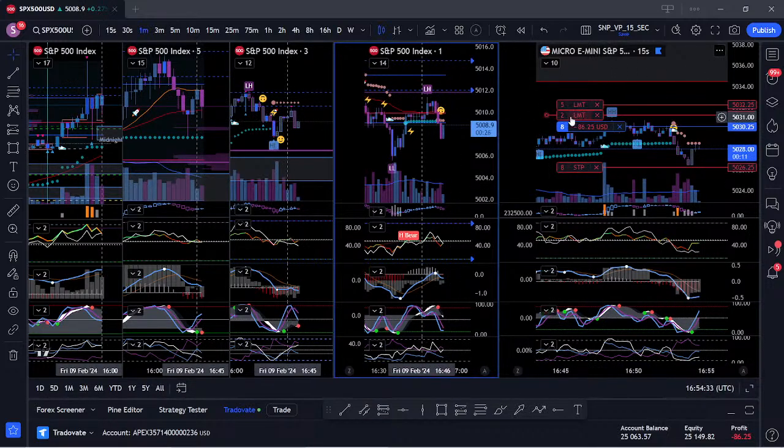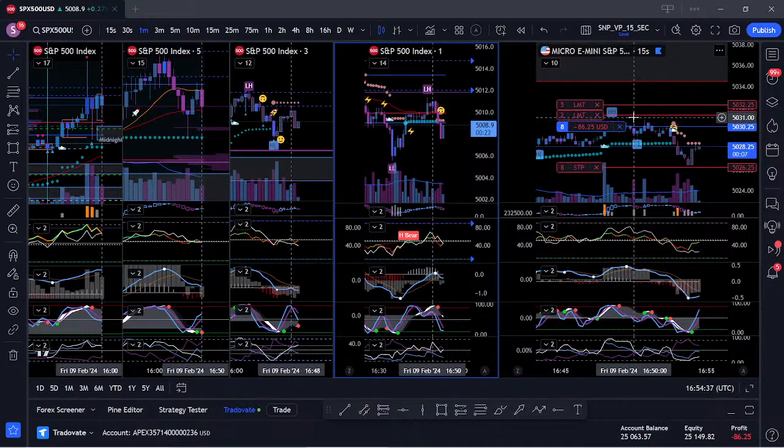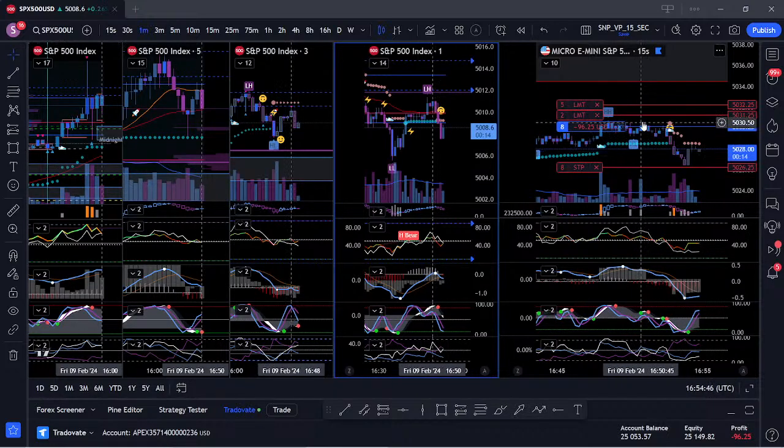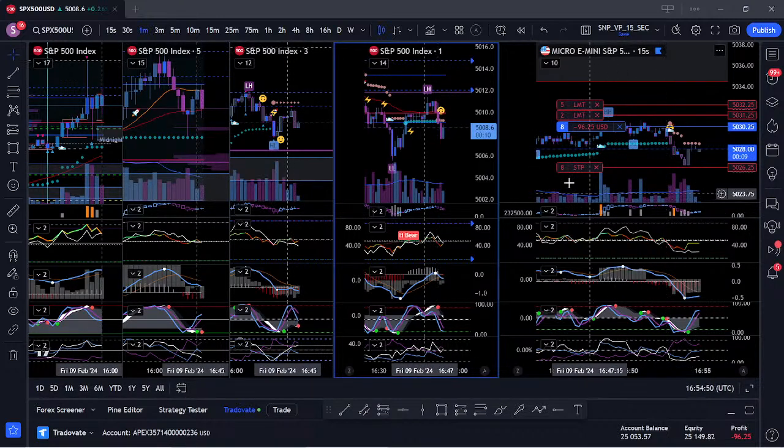Put it here. Yeah, that's exactly where it is. Look how far it is. Oh my god, just 2 ticks away.